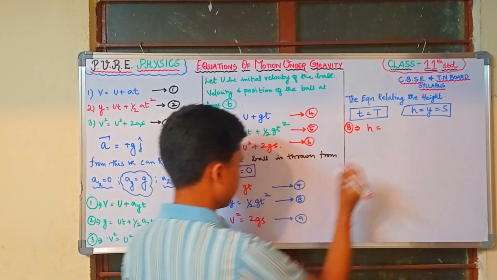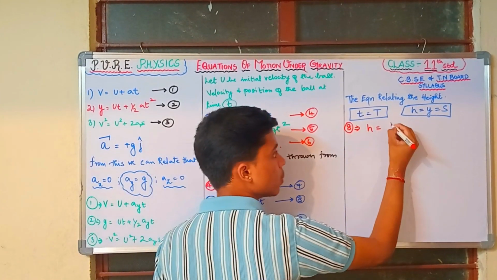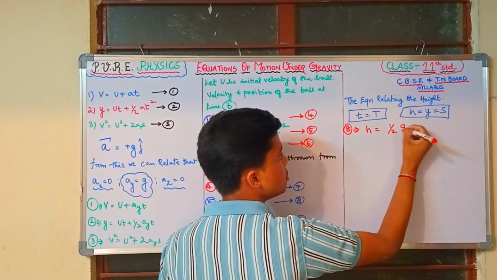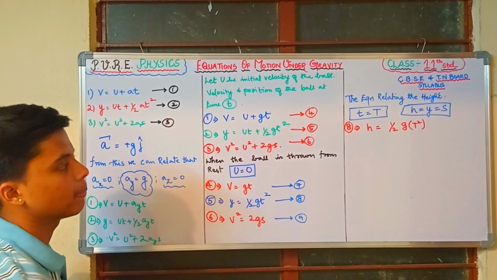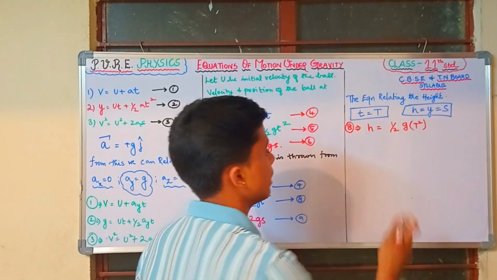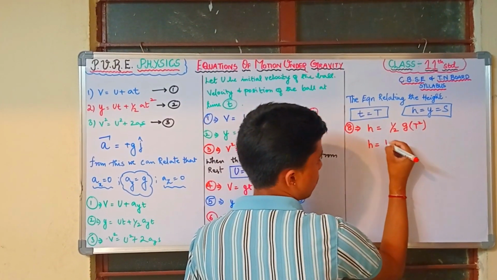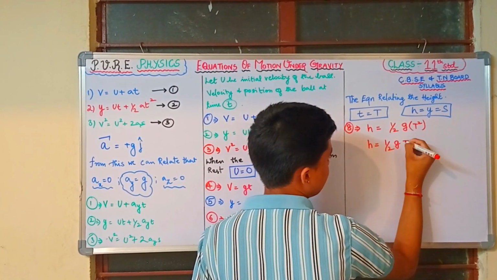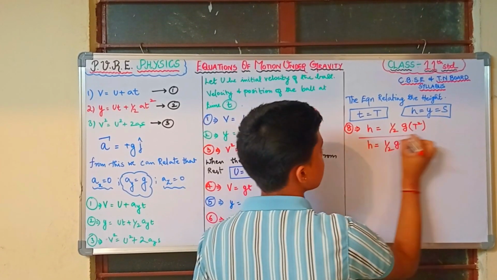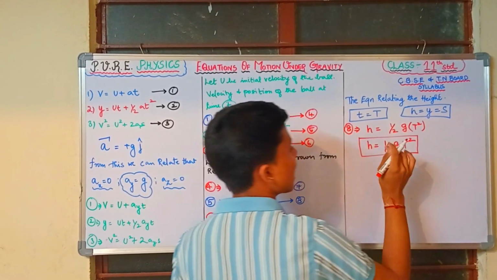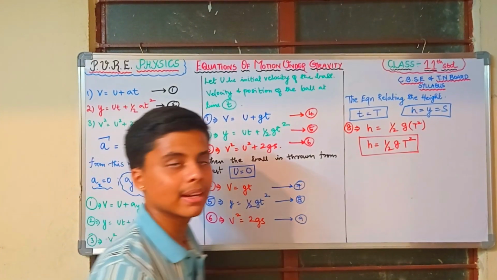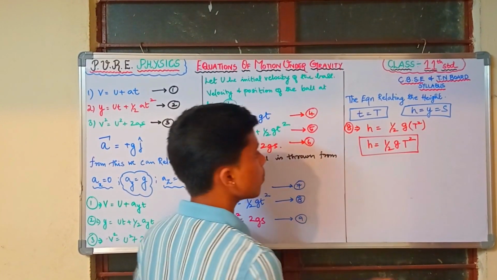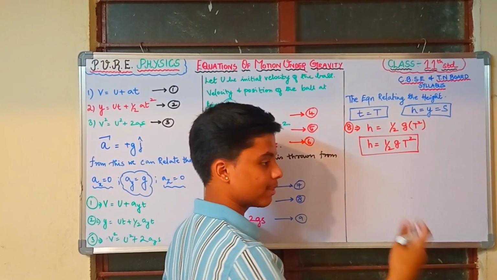H is equal to 1 by 2 g into t square. In the place of small t, I'm going to replace it with capital T. Therefore, h is equal to 1 by 2 g T square. So this is my equation relating the height of the cliff till the ground.